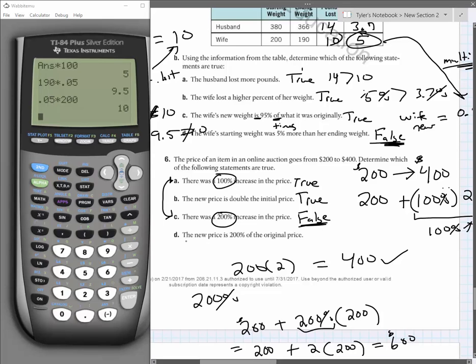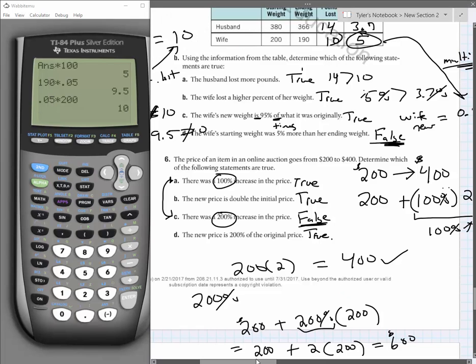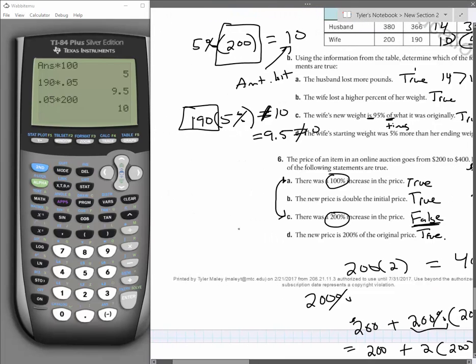Then part D says the new price is 200% of the original price, and this is also true. Let's investigate this a little bit. This would be the new price. Is means equals, 200% of means times the original.